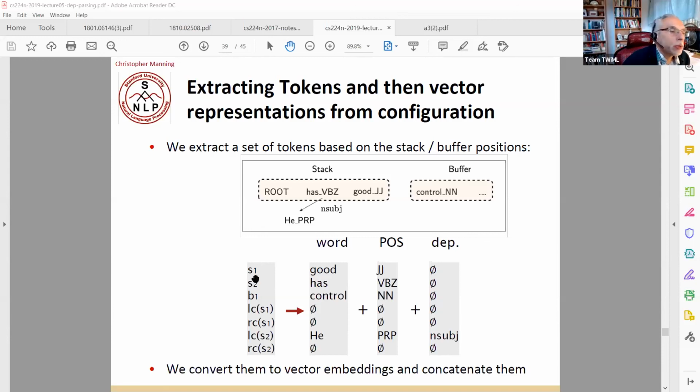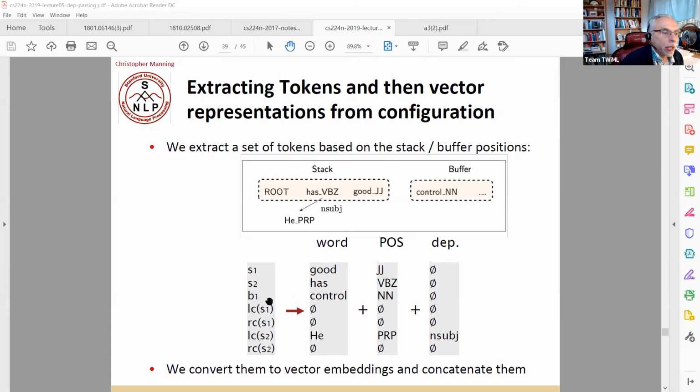Okay, and then I think S1 is the first word in the stack, and S2 is the second word in the stack, and that's this one, has. I think what they're showing here is the concatenation of the word with its part of speech, and there's no dependency, so there's nothing that comes as the third element.